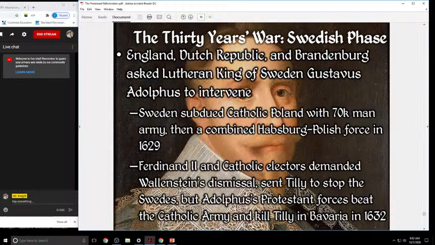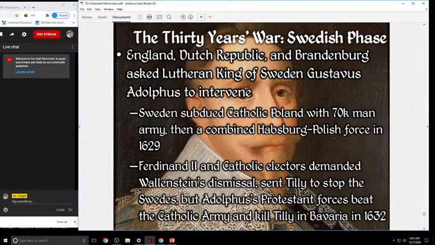So Ferdinand had these two great military leaders, Wallenstein and Tilly, okay? And basically, Wallenstein is still around, but he gets fired, and they chose Tilly to lead this force. But Tilly gets defeated and killed in this battle in 1632.